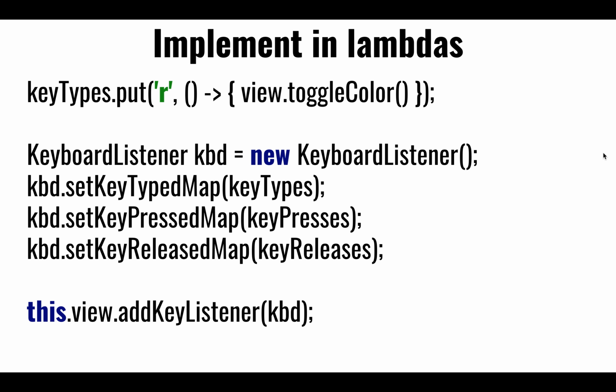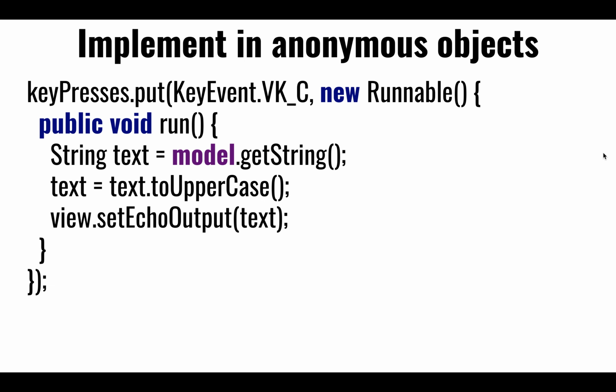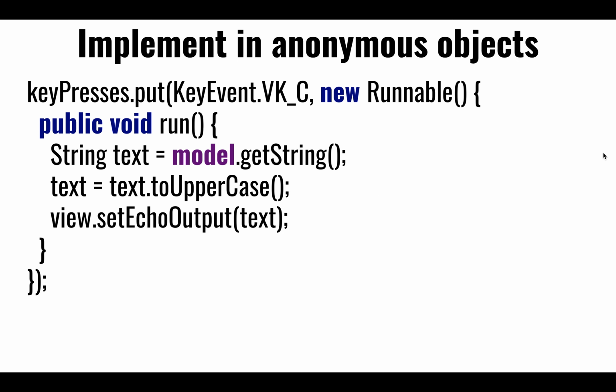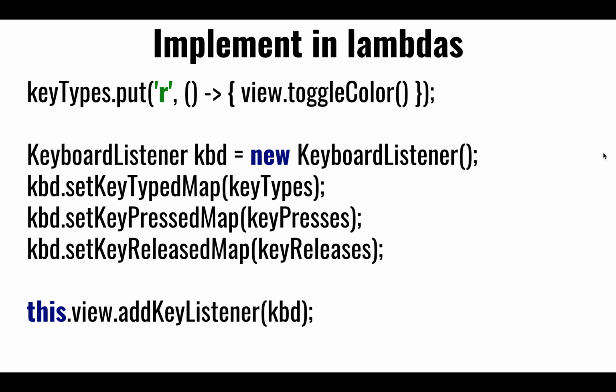So there were several ways that we implemented that. A whole class that implements the Runnable interface. Another one, an anonymous instance that we're instantiating right away, but still an object. And the third way to implement it is through a lambda, using the lambda that's now available in Java 8.